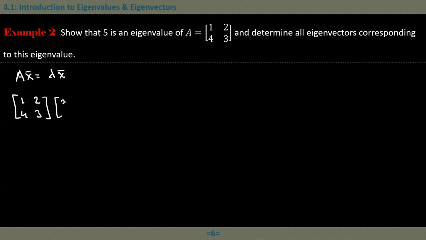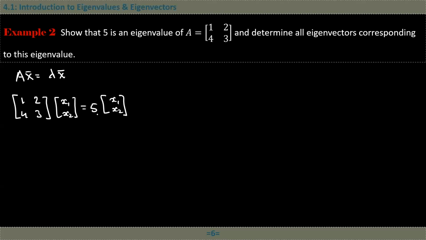Let's say its components are x1 and x2. On the right-hand side, we have lambda, and we also know lambda, so I can write here 5. Here we have x1 and x2. That means that to find this eigenvector corresponding to this eigenvalue, we need to solve this system.